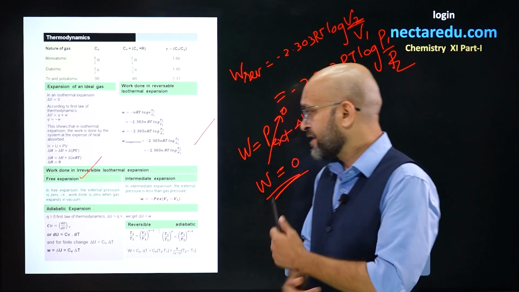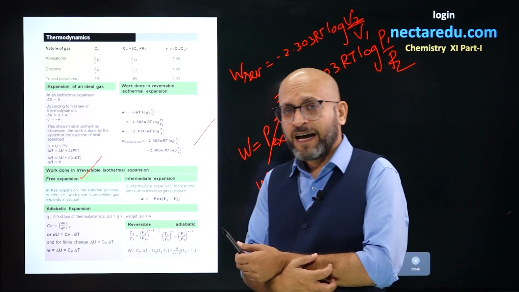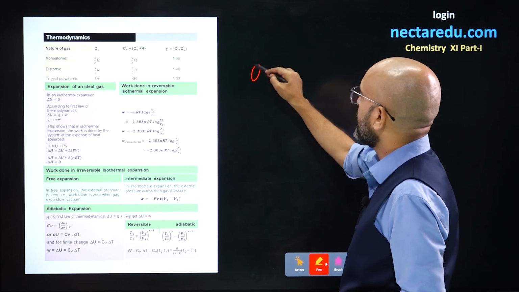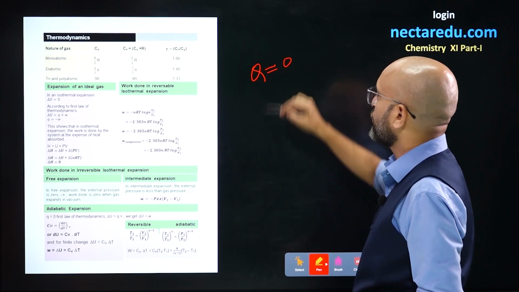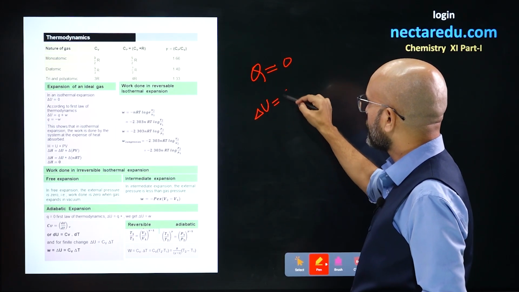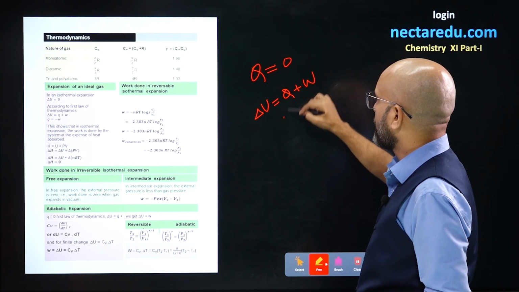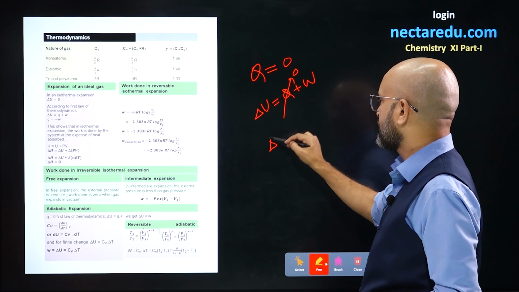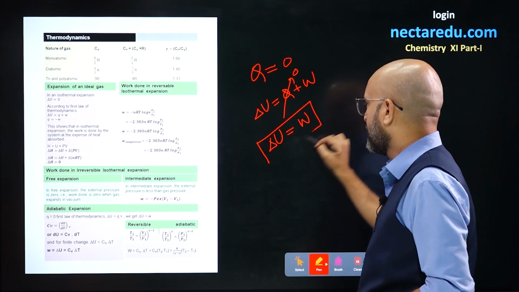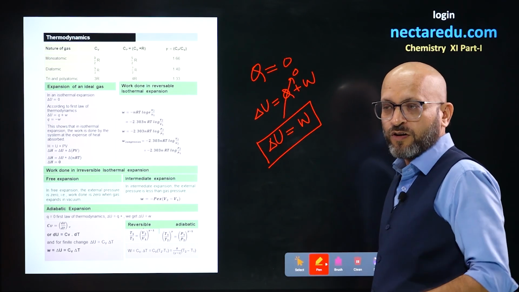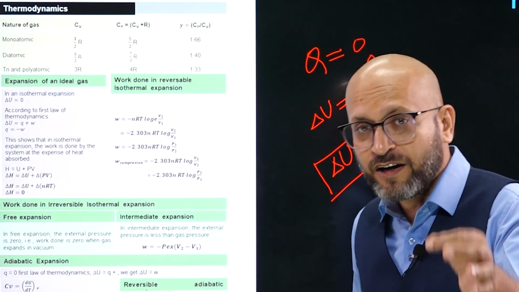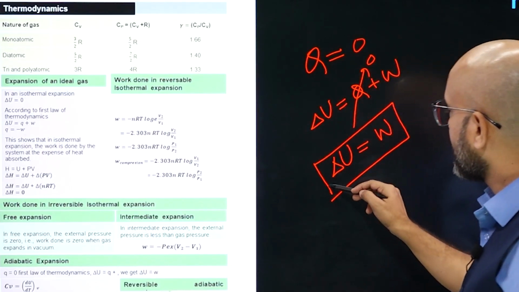Next, adiabatic expansion. As you know, heat transfer in adiabatic expansion is 0, Q equals 0. So from the first law, delta U equals Q plus W, we put Q equals 0 and get change in internal energy equals work done, right? So if a gas is doing certain work, it is using its internal energy.